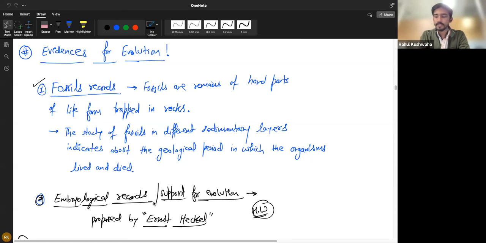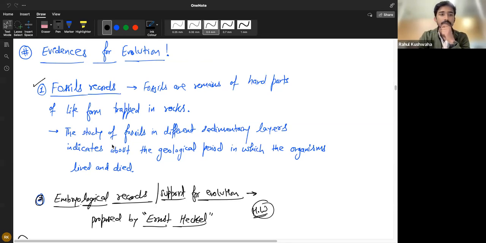If what we are thinking is correct, then in the fossil records we will see organisms that are completely different in their morphology and anatomy from what we see today, and yet we will be able to make some similarities among them.